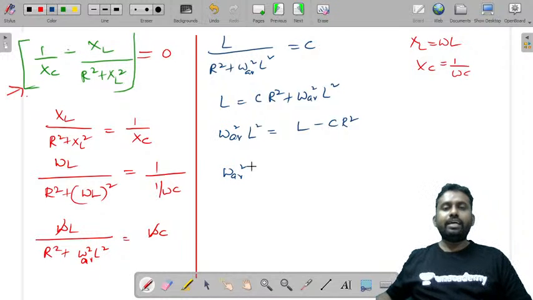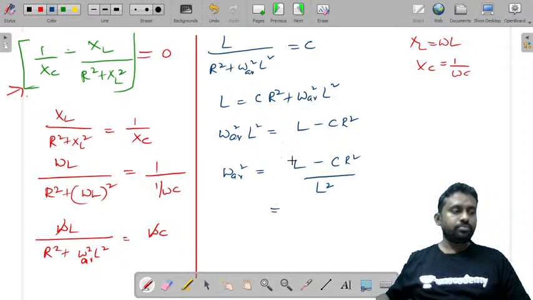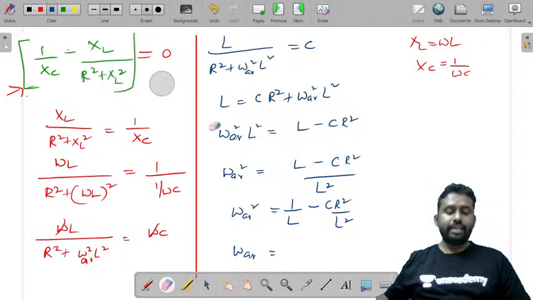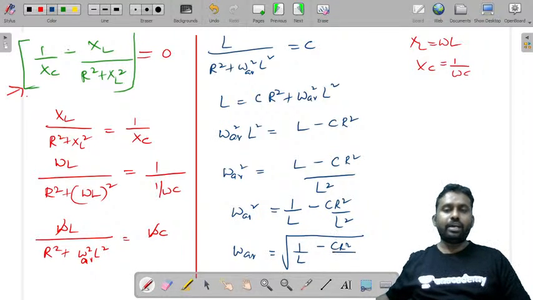Now omega AR square is equal to (L minus CR square) by (L square C).